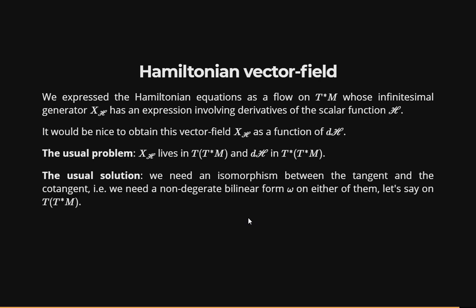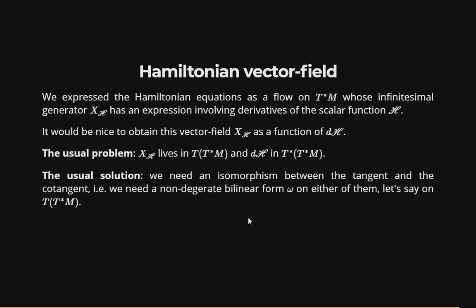The usual solution is we need an isomorphism between the tangent and the cotangent. That is, usually we need a non-degenerate bilinear form on either of them. The metric is a non-degenerate symmetric bilinear form, positive, on the tangent. We could also give, you obviously know that, the metric on the cotangent, which is the dual or the inverse metric, and this would be the same thing.